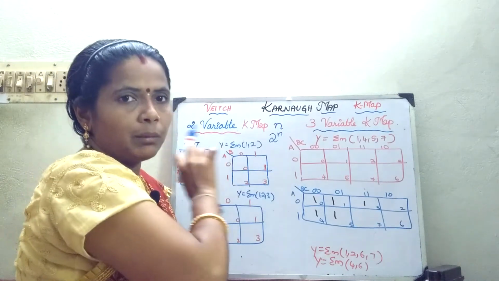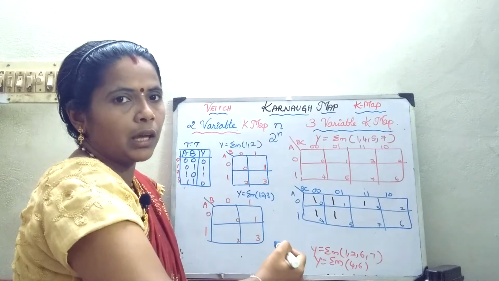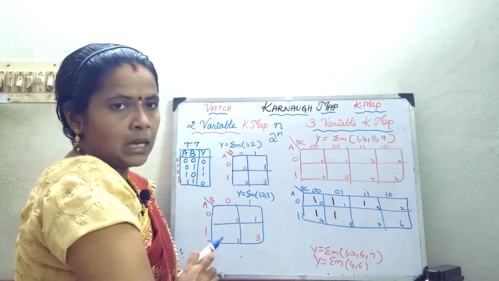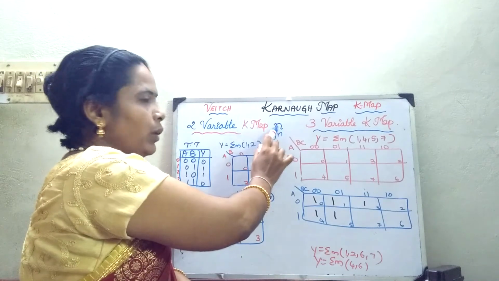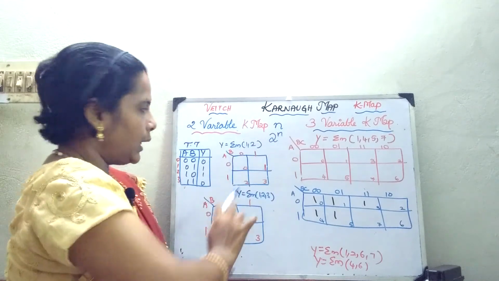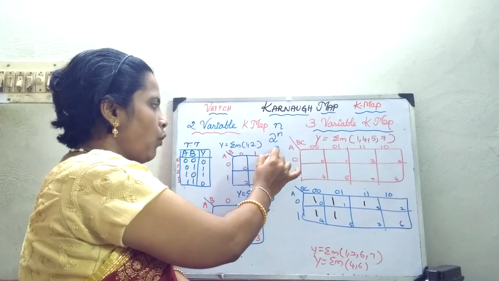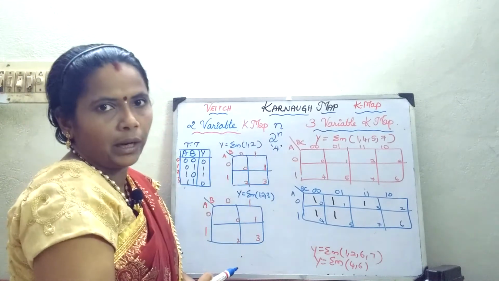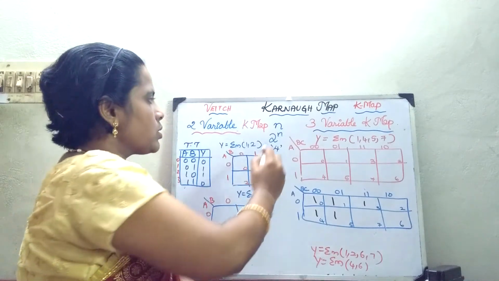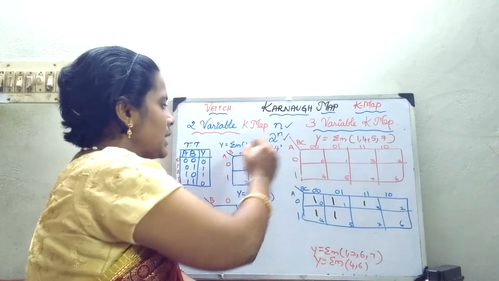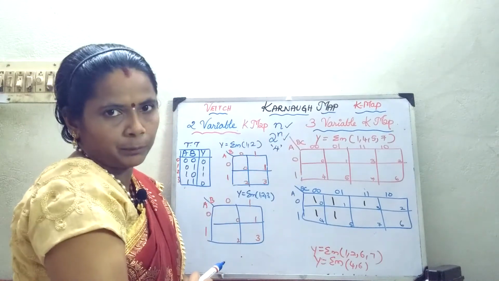Instead of writing the expression and using the Boolean theorems to solve it, this is going to be the easiest method. Here I have taken a 2 variable map, so 2 power 2, 4 cells are required. So this is the rule: when I have n variables, I have to plot 2 power n cells.